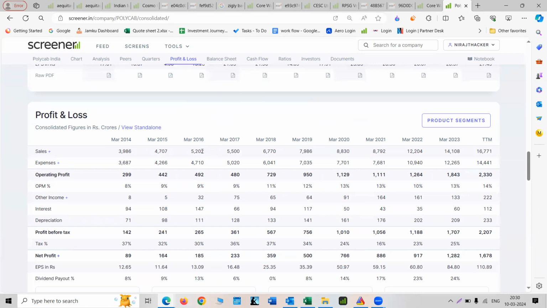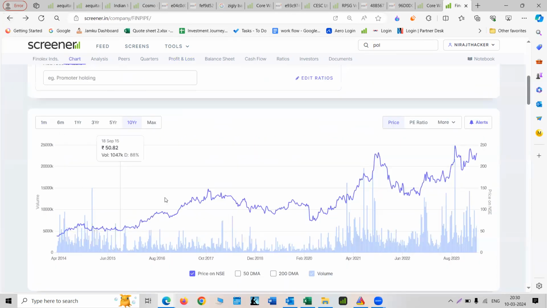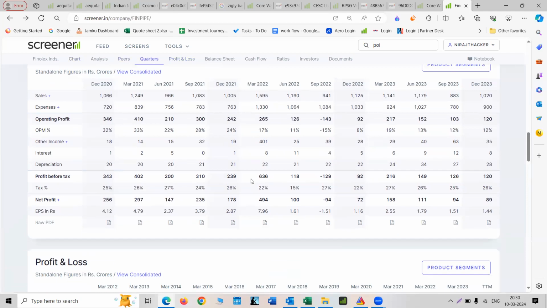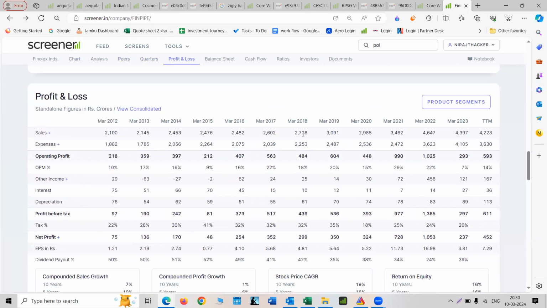Already this was bigger than Phenolics, correct? And you see how they are growing. 2020, they are already 8,000 crore. And Phenolics, 2018, they are just 2,700. That's it.